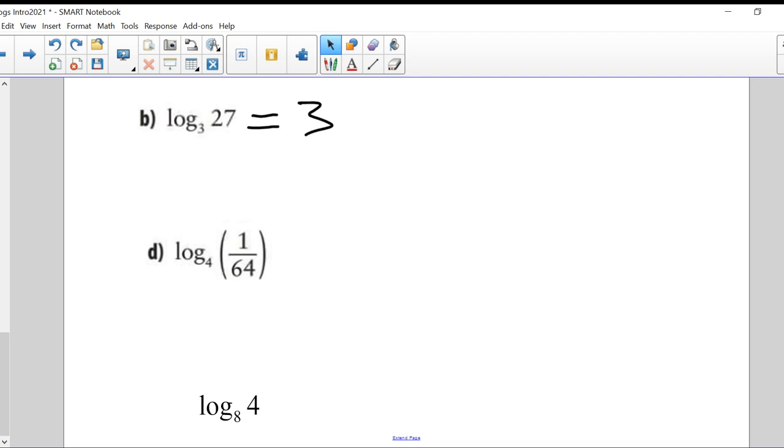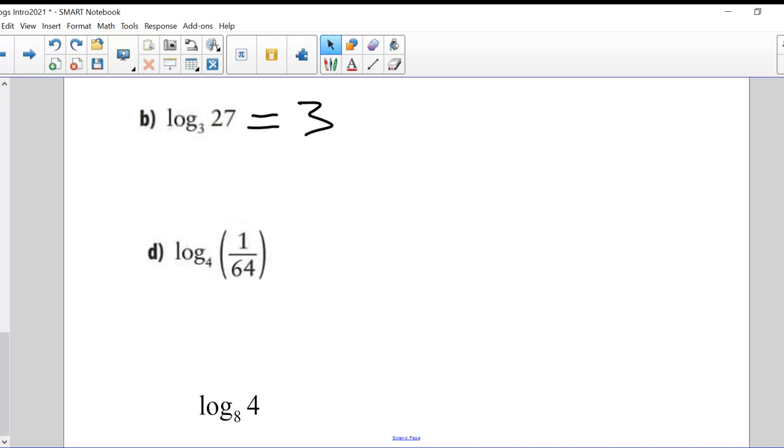Generally, the thing that logs allow us to do is solve equations where the unknown is an exponent. Let me give you an example. Let's say you did the finance unit in grade 11, I'm assuming. And one of the formulas in the finance unit was actually an exponential function for compound interest. If you had to solve for the exponent in that equation, then you would really be using logs. To do it accurately, you'd be using logs.